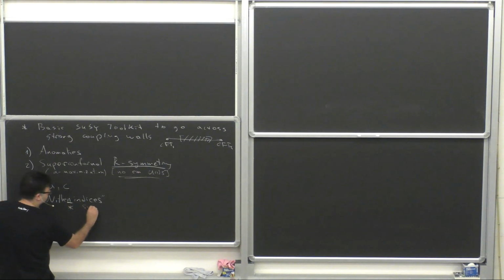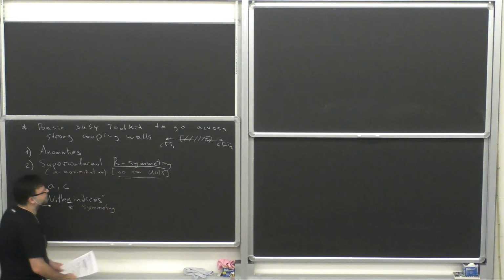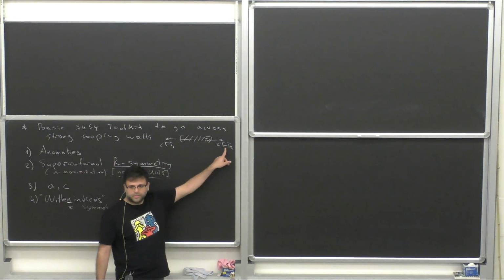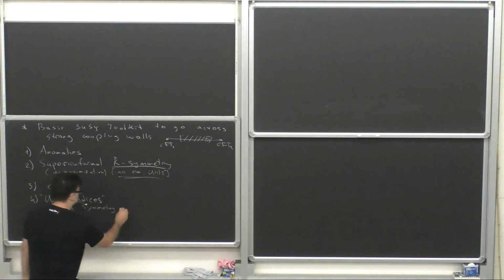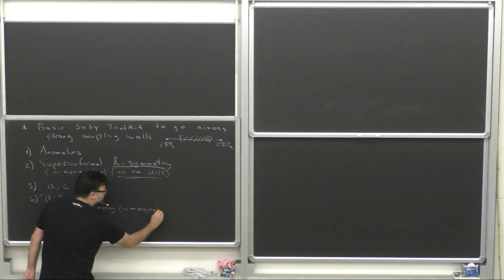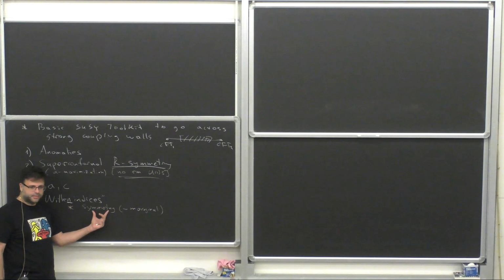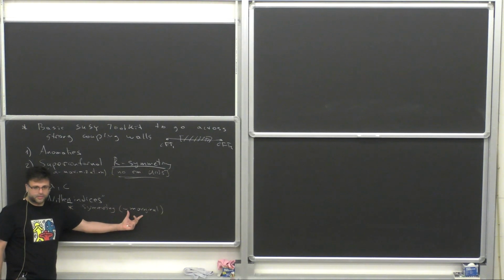So I stressed that we can actually extract the symmetry of the theory across the wall, okay, modulo that marginal operators. So if we have marginal operators, what we will be able to see from the index is the conserved currents minus the marginal operators.